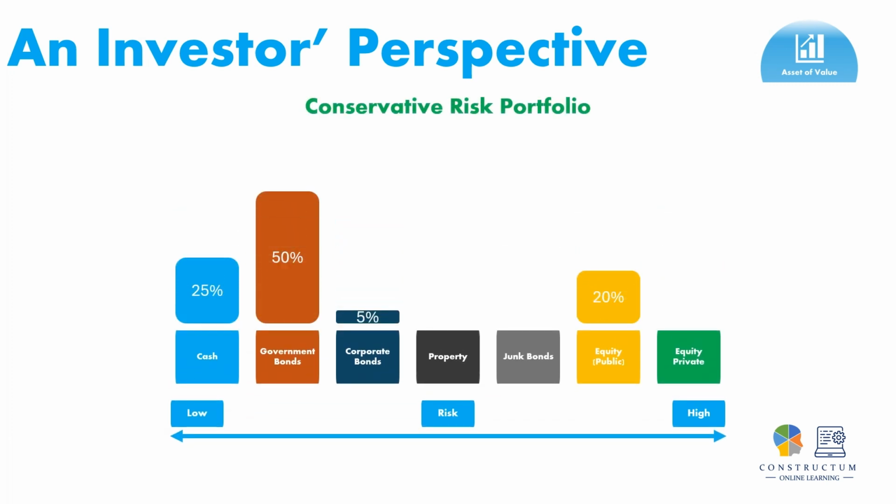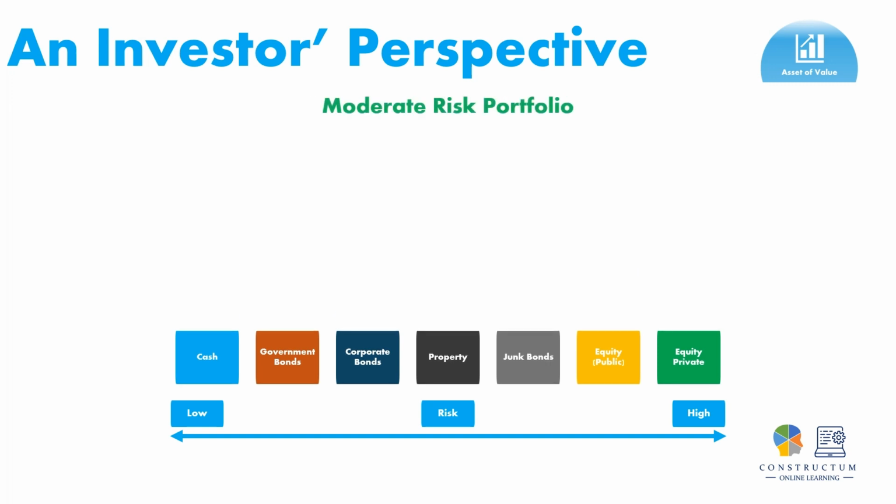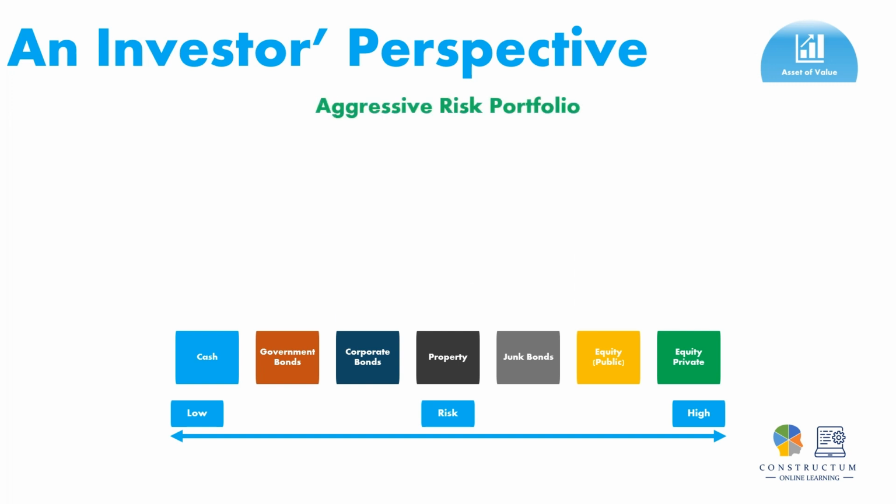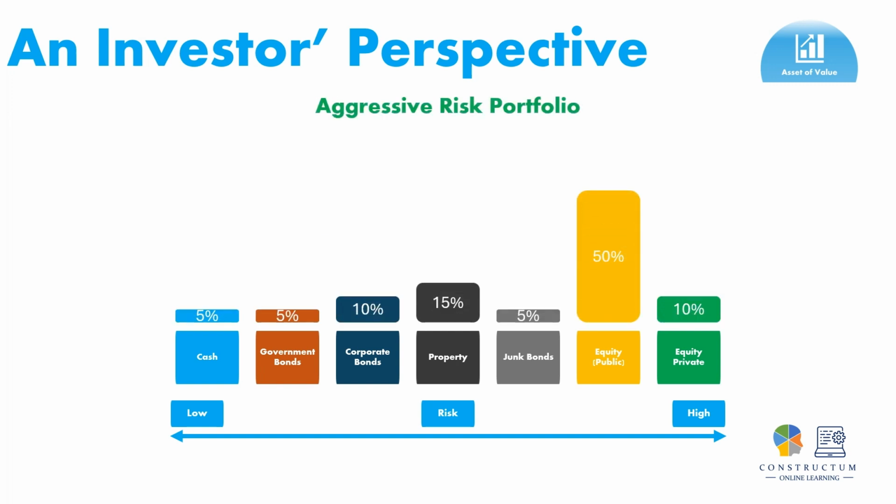A conservative risk profile will mainly consist of low-risk asset classes such as cash and government bonds. A moderate risk profile will include a limited exposure to property and equities. And an aggressive risk profile will invest mainly in public and private equity.